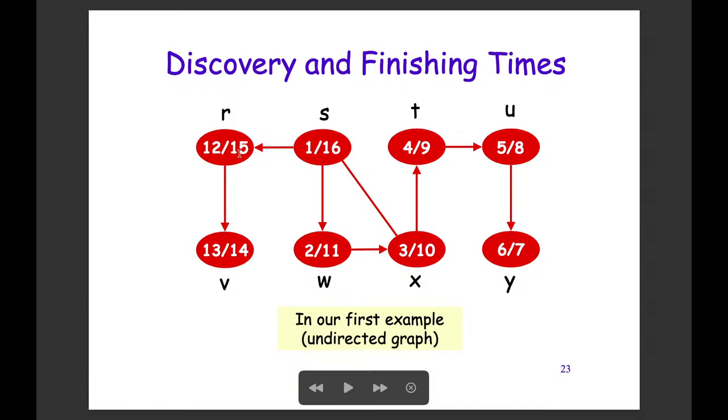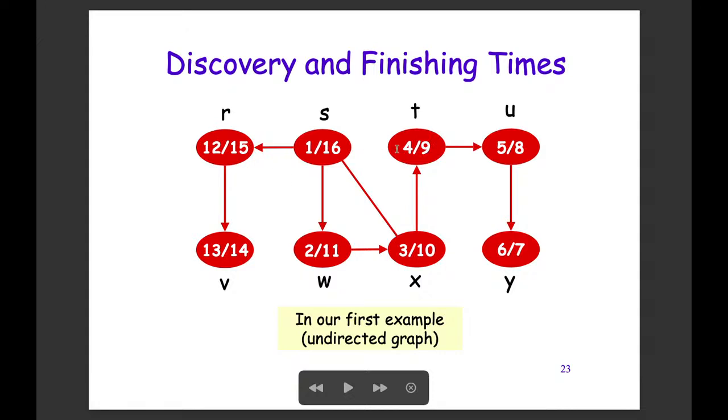And now, if two nodes do not have any way from one to the other, so these two nodes are completely not related, then we must be able to see that the interval of this one and the interval of this one do not have any overlapping. Because if there is overlapping, then we have a contradiction. So for instance, let's say this is from 4 to 9, and this is from 5 to something.